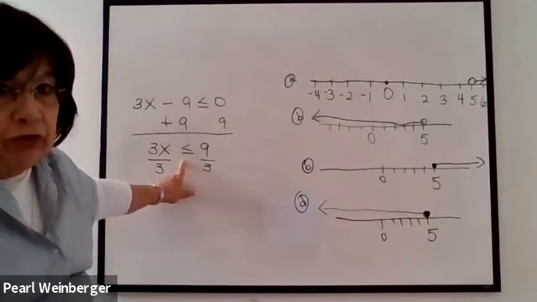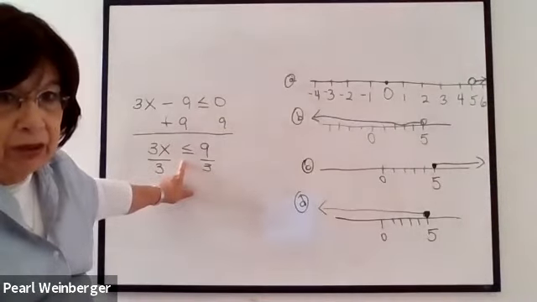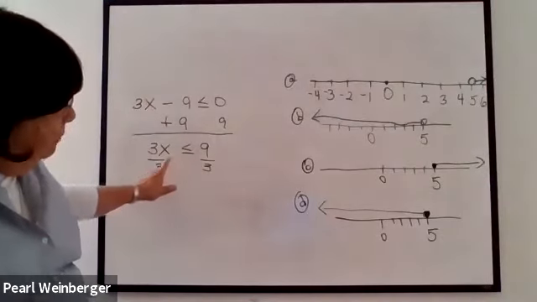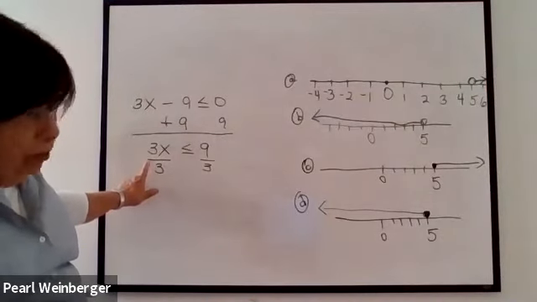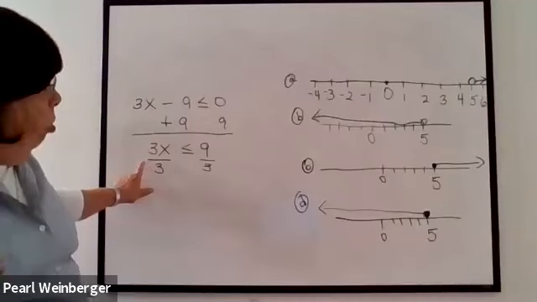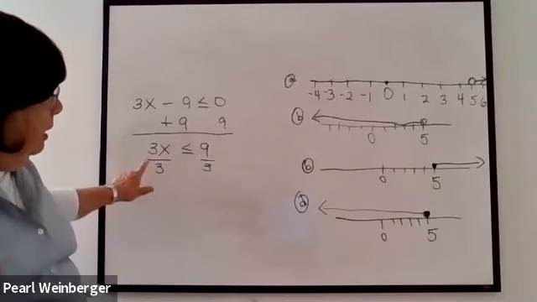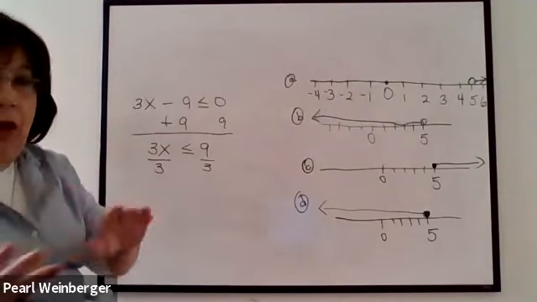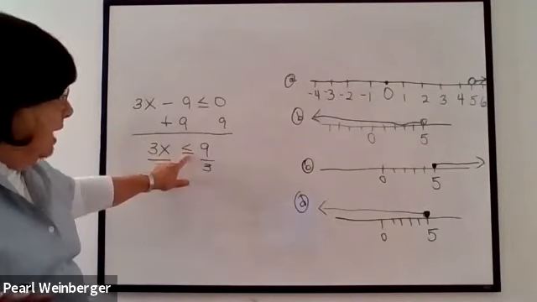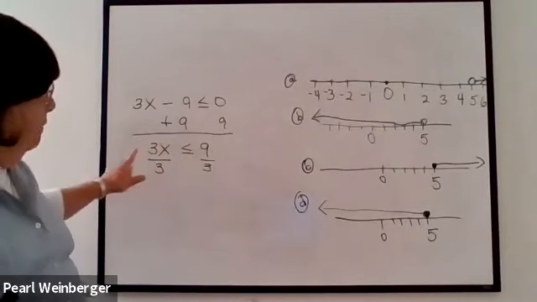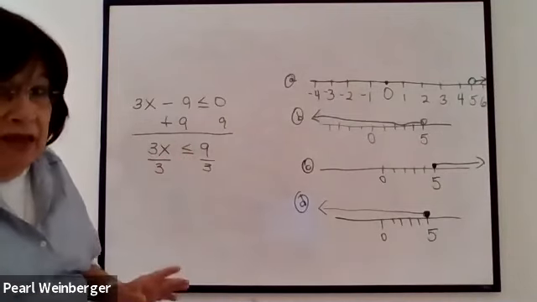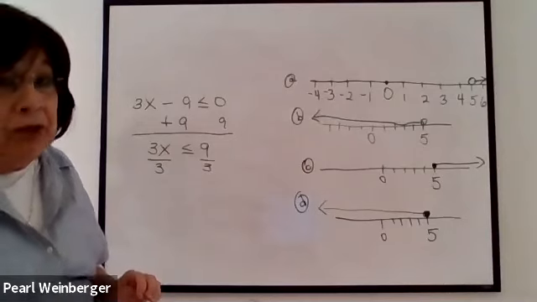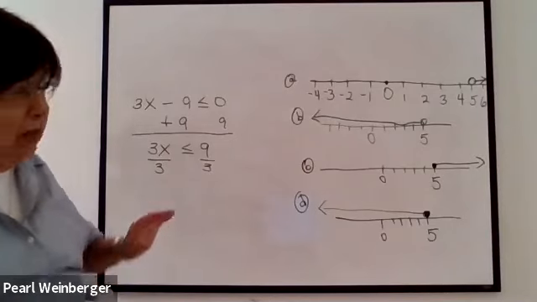You don't change what we call the sense of the inequality, except if you're dividing or multiplying by a negative number. If the coefficient you're dividing by is positive, you leave it exactly the way it was. If I have to divide by a negative number, that's when I'm going to switch the sense of the inequality.